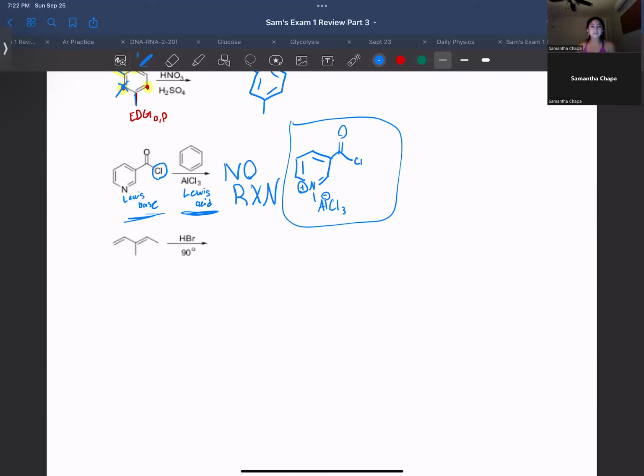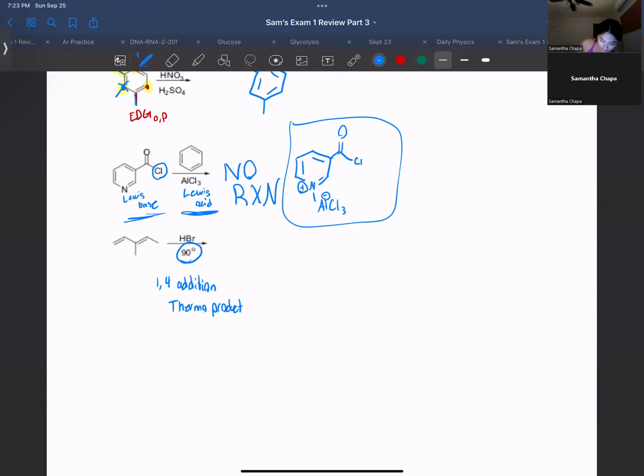The next one, HBr. So we're doing addition here, and we usually have 1,2 addition or 1,4 addition. Here we're going to do 1,4 addition because of this 90 degrees Celsius. So when you have high heat on an HBr reaction, that means you're going to want your thermodynamic product. And this usually is talking about the 1,4 addition product.